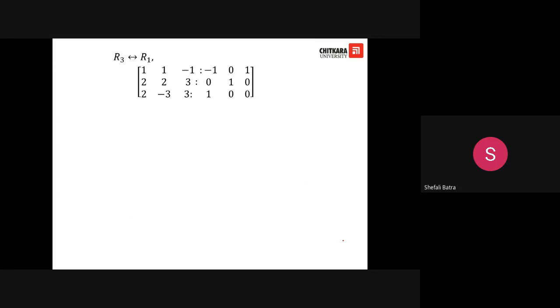R1 and R3. Now, for making identity matrix, I need first entry 1, that is done. Now, next 2 entries would be 0, right? So for making these entries 0, you will apply R2 implies R2 minus 2 times of R1.